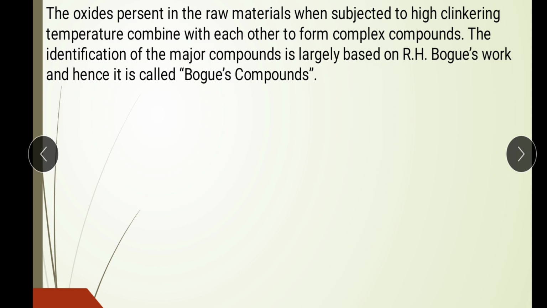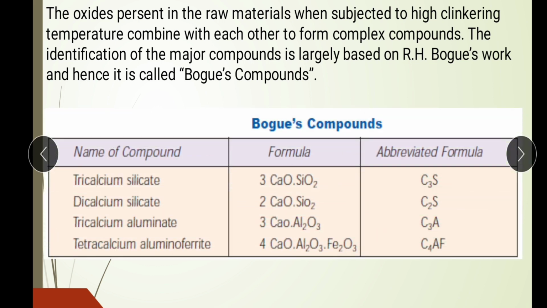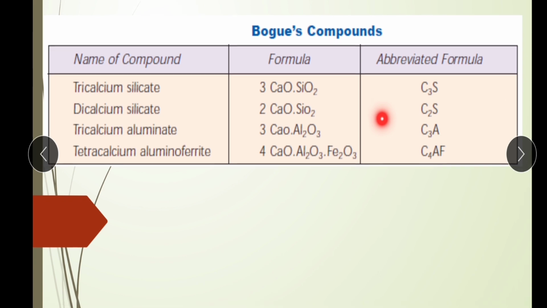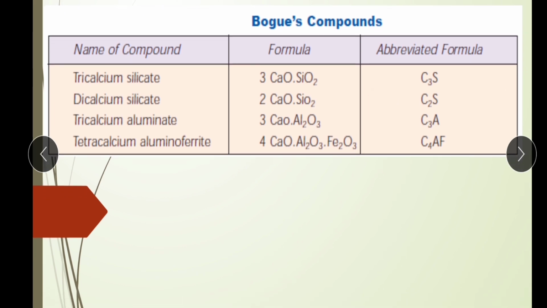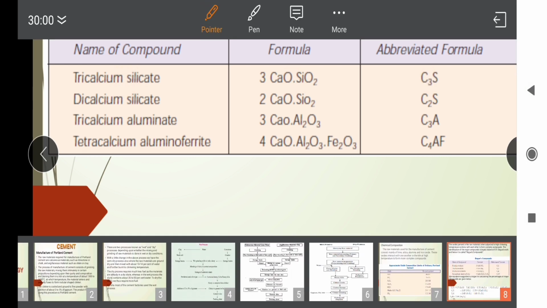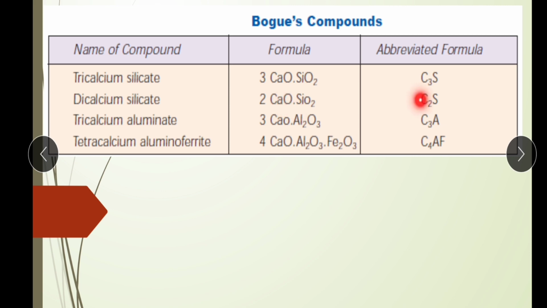These complex compounds were identified based on the Rhombic system, and we call them Bogue compounds. These Bogue compounds are the major products formed while we are preparing the cement, and these are tricalcium silicate, dicalcium silicate, tricalcium aluminate, and tetracalcium aluminoferrite. These are the major four compounds while manufacturing cement.